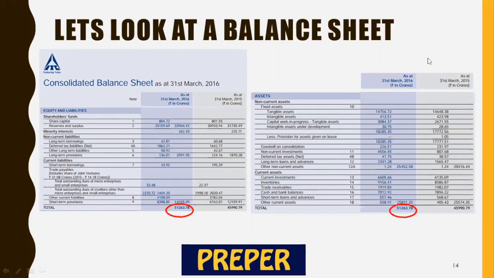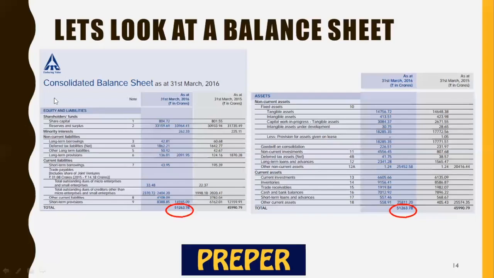What we have done here is we've looked at the balance sheet of a company called ITC, which is the Indian Tobacco Company, the makers of cigarettes, FMCG products like Bingo, Fiama Di Wills, as well as the hotel chains of ITC, Sheraton Hotels.